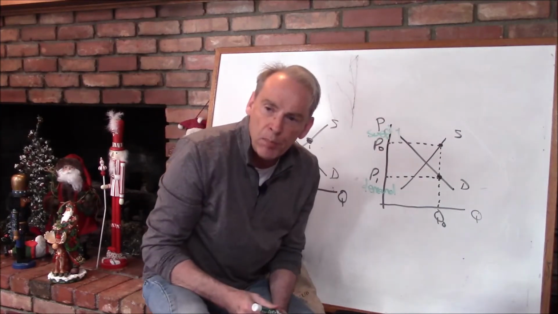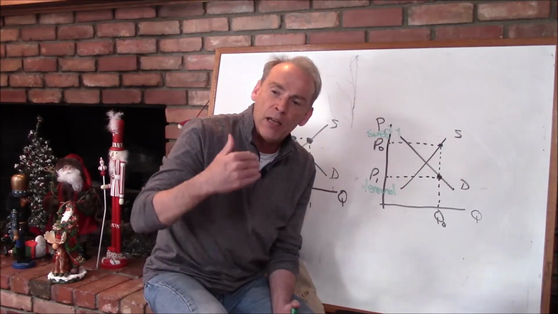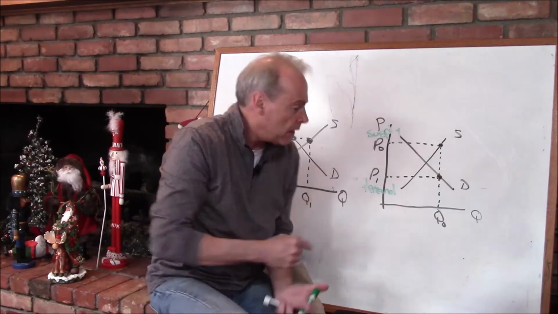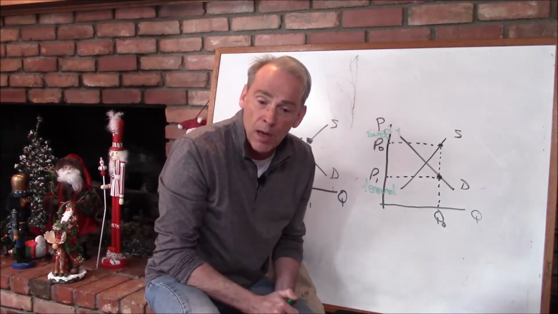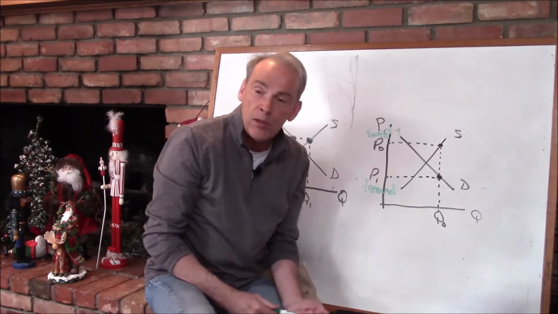The price that suppliers would have to be able to get in order to make them willing to produce that quantity versus the price that consumers would have to be able to pay in order for them to be willing to consume that quantity.